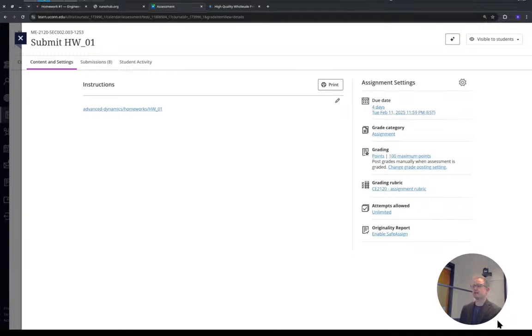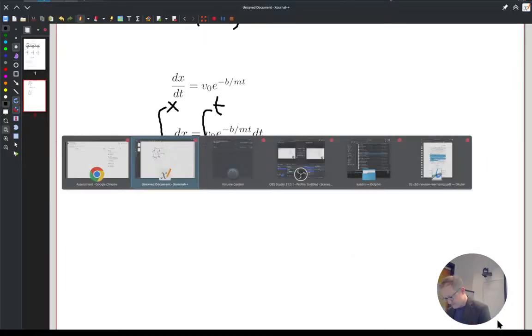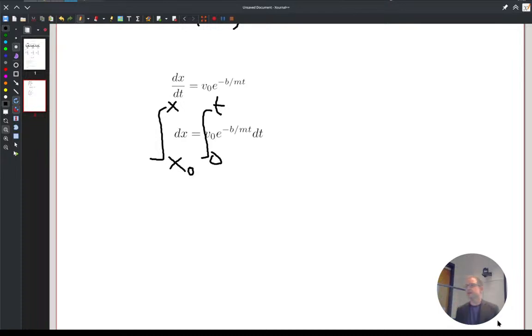Let's do that. Push it back, so that we actually have time to do stuff. Let NanoHub catch up to us. Acceleration is dv over dt, and v is dx over dt. Yeah. All right, we'll get there. We got time.